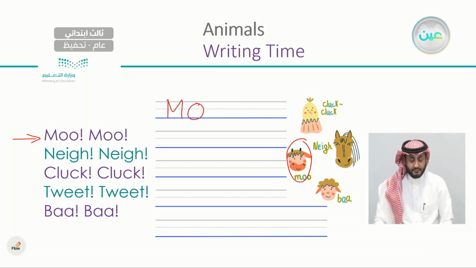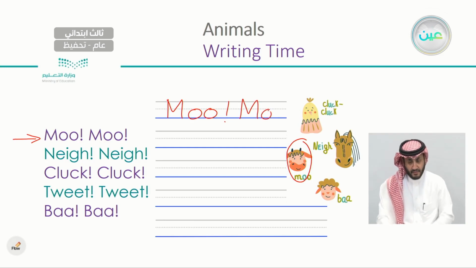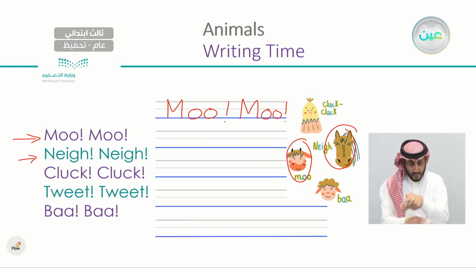M, uppercase, all uppercase. Oh, is it? No, only the M is uppercase. Okay, so uppercase M, moo. And then we have an exclamation mark. Uppercase M, two O's. Next we have, yes, the horse sound.